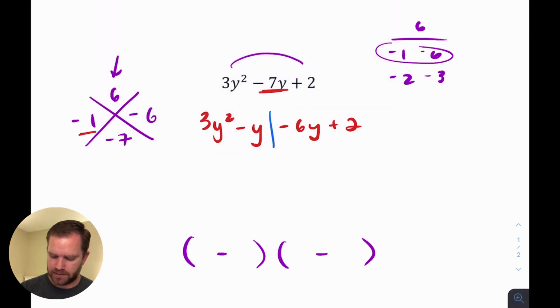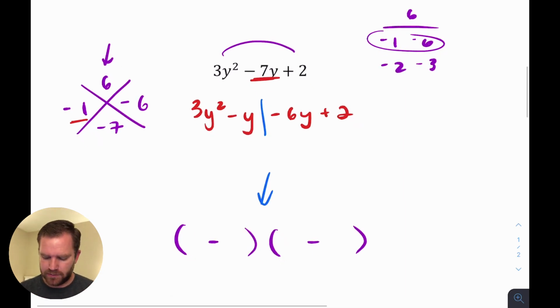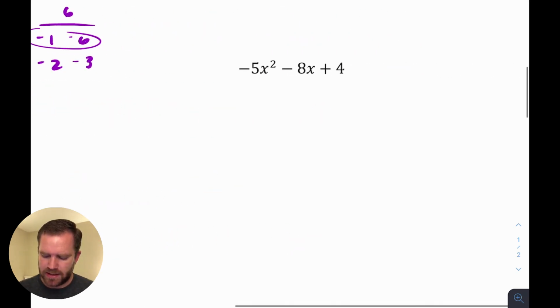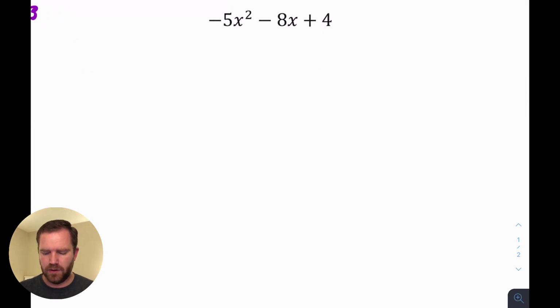Then you would go through the process of splitting your middle term, factoring by grouping. You would go through that whole process. But in the end, our result is going to look something like this, where it's going to have a minus and a minus. Okay. Now, this one is interesting. Negative 5x squared minus 8x plus 4. Now, the thing that makes it really interesting, well, first of all, it doesn't have a leading coefficient of 1.